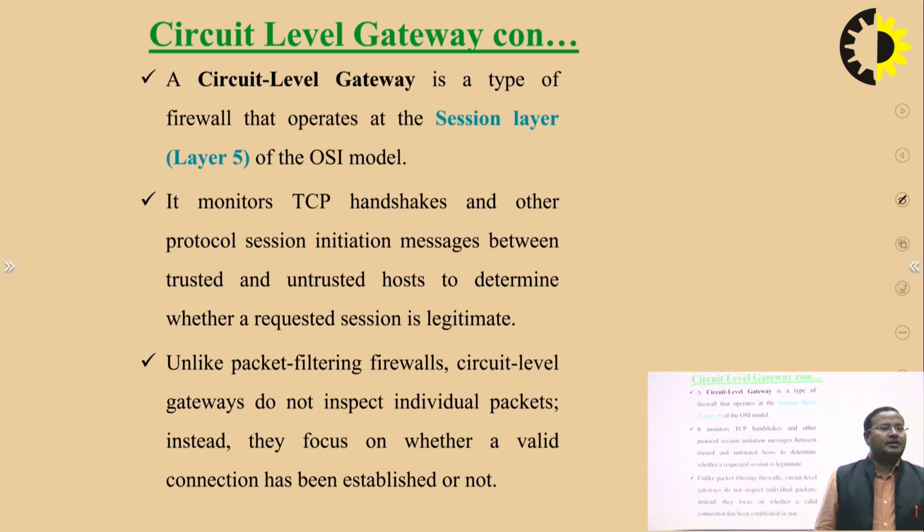A circuit level gateway is a type of firewall that operates at the session layer, layer 5 of the OSI model. It monitors TCP handshakes and other protocol session initiating messages between trusted and untrusted hosts to determine whether a requested session is legitimate or not.